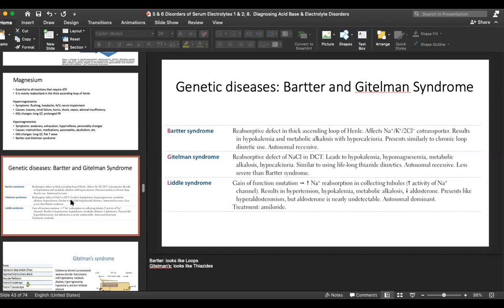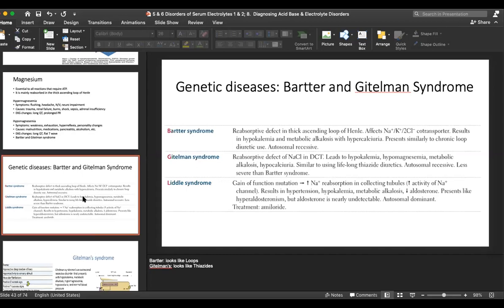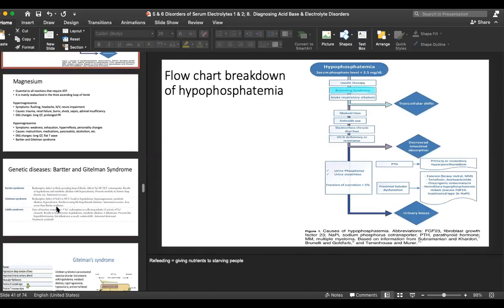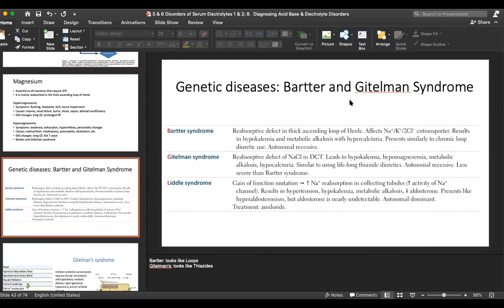So here is our Bartter, Gitelman, and Liddle syndrome. Right out of First Aid, I think this is kind of helpful. Bartter looks like loops. Gitelman's going to look like thiazides.